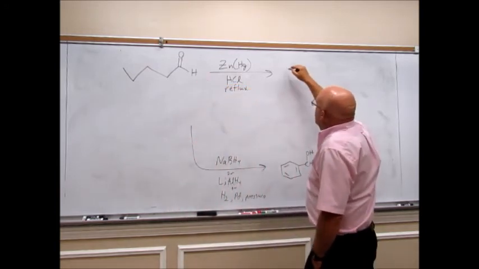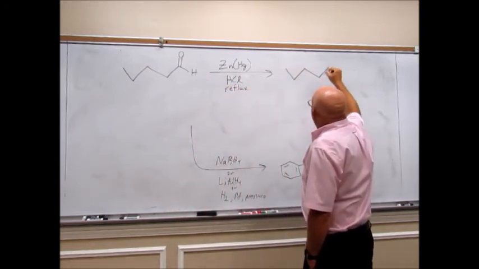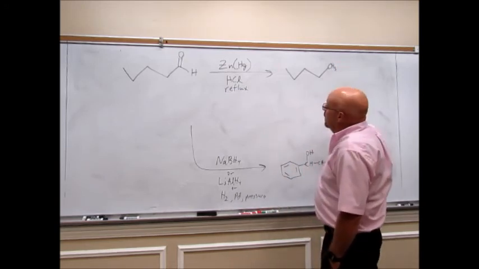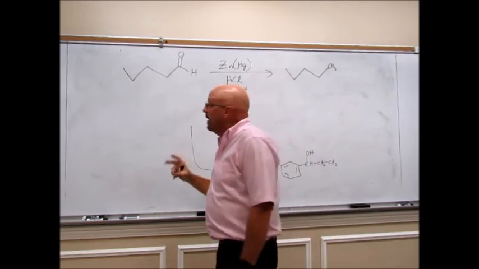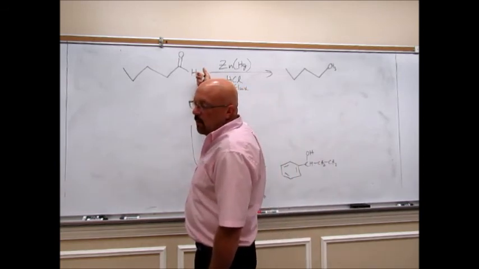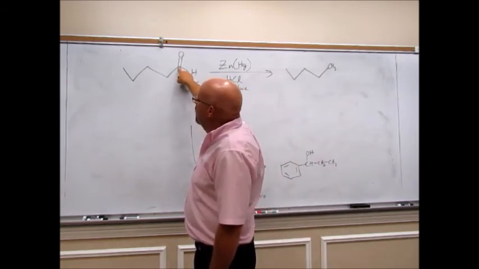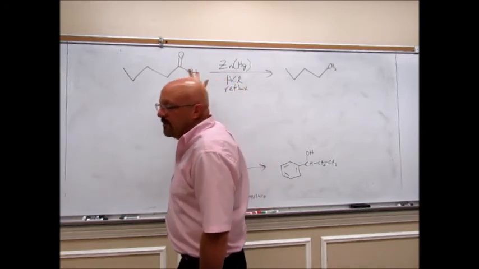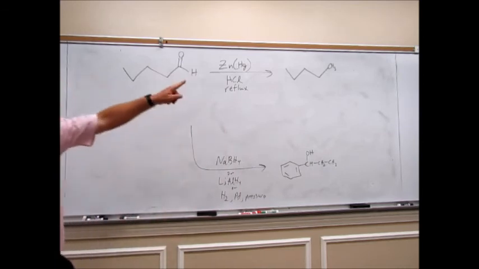That aldehyde would become a CH3 in this case. You're reducing the carbonyl to a CH2, but since it's an aldehyde, we already had one hydrogen. So if that carbonyl carbon gets reduced to CH2, you already got the one more hydrogen. That makes CH3. So I'll just put the CH3 out there. You can see it got reduced.